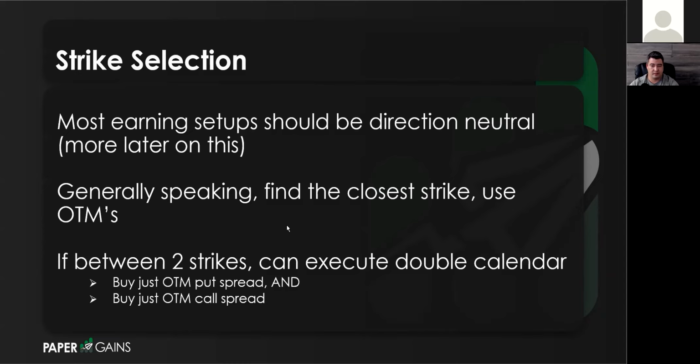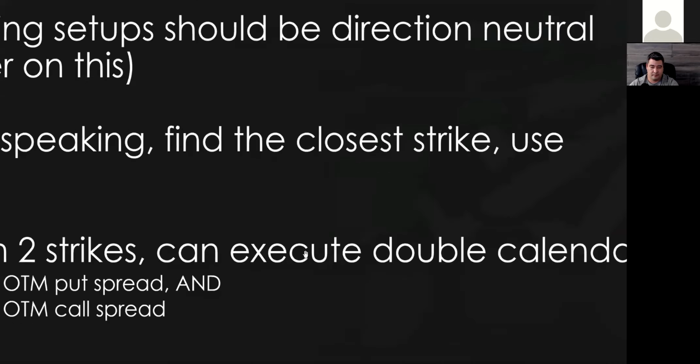Finding the closest strikes. For calendars, and this is going to be 95% of the time, we're going to sell the closest strike just out of the money, like maybe one strike off of the money, and we're going to typically buy 2 weeks out. Sometimes there are situations where we do something called a double calendar.